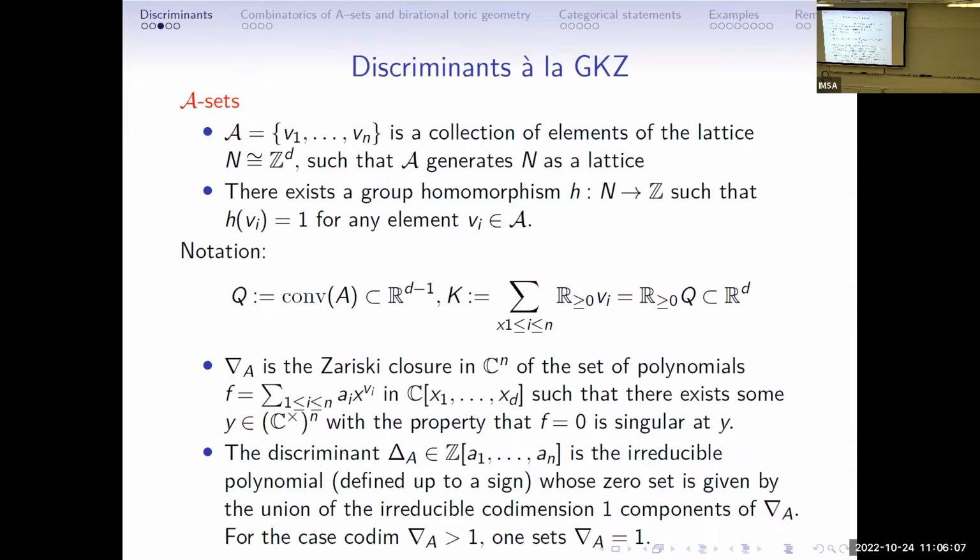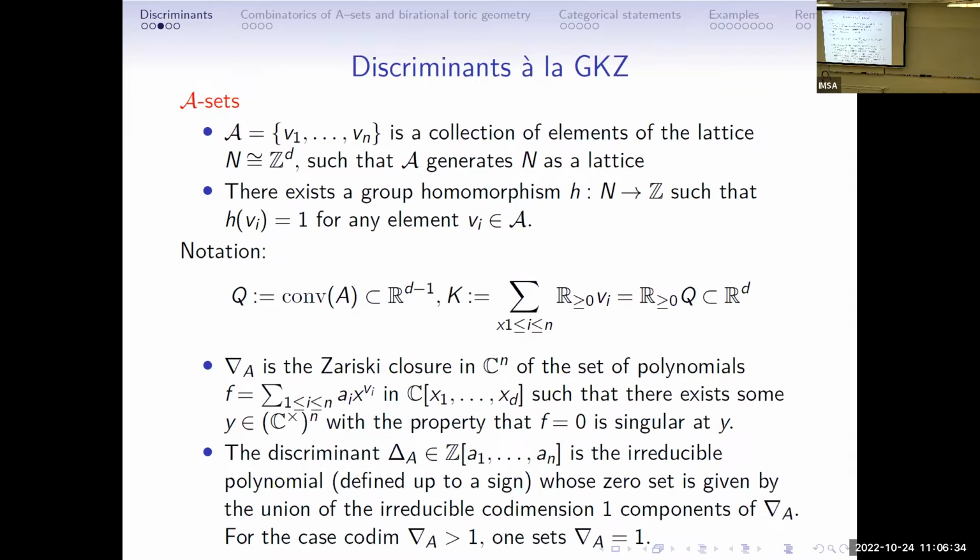That's not necessarily a GKZ story. You can write the classical discriminant. We're going to call it delta A. It is the irreducible polynomial whose zero set is given by the union of all the irreducible codimension 1 components of this Zariski closure. One important observation: the components may be wild here.